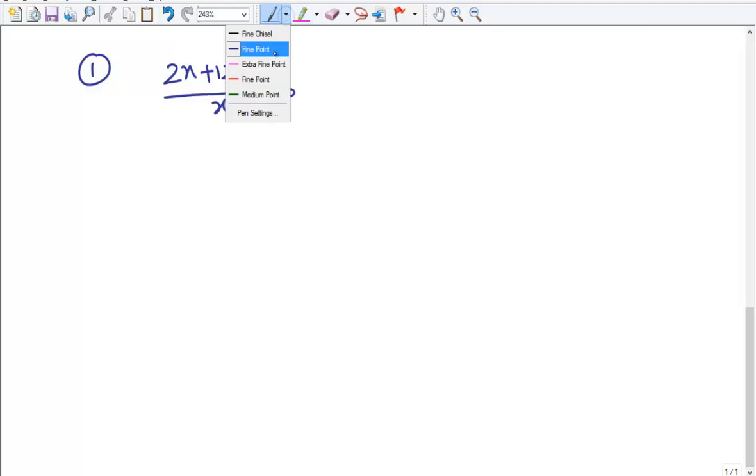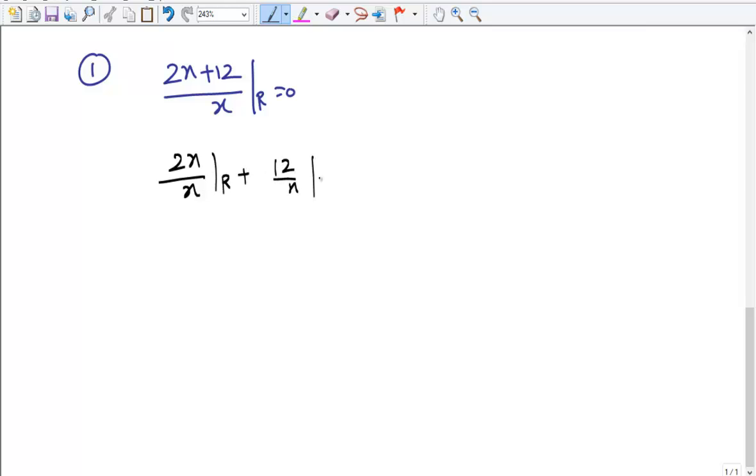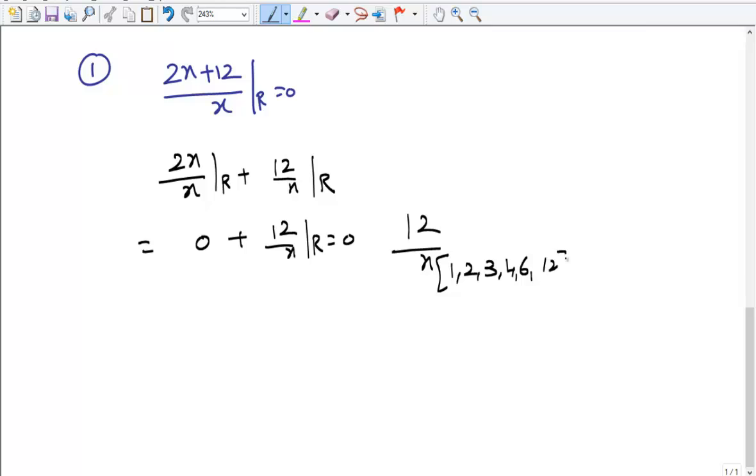As per skill set 1, this is 2x by x remainder plus 12 by x remainder. Now this remainder is obviously 0 and this remainder must be 0. If 12 by x remainder must be 0, we can easily check the possible values for x. So for 12 by x, x takes 1, 2, 3, 4, 6 and 12. That is, x can take 6 different values.